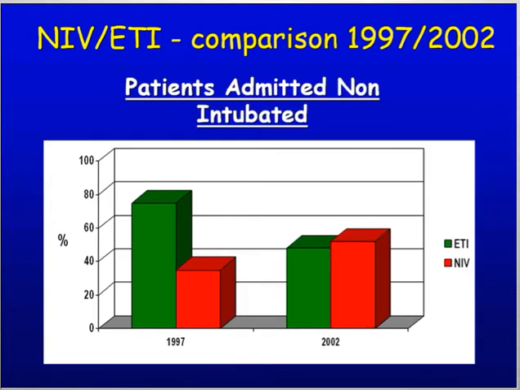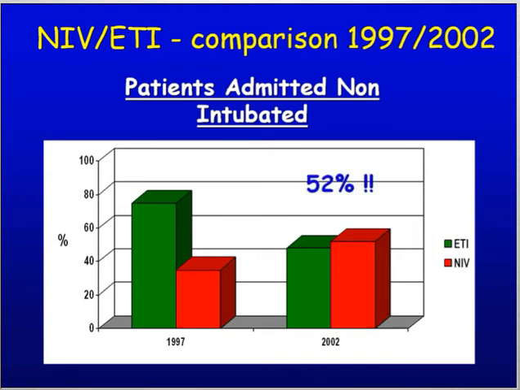But probably more striking is the use of NIV for patients admitted in the ICU non-intubated. So these are really the patients for whom the physician has a choice between the tube or the face mask. And in 1997, it was 35%.